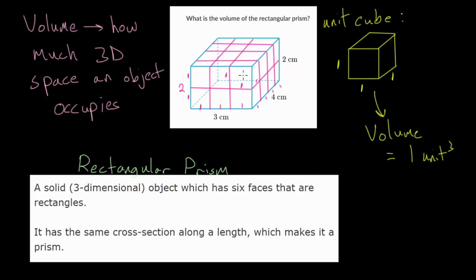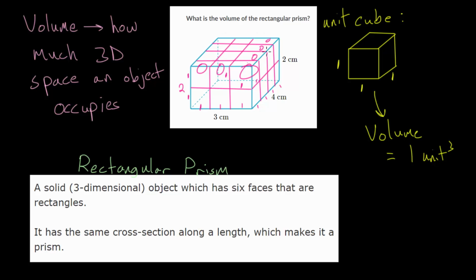So let's just start with this top piece, and then we'll essentially double it to get the bottom as well. So we have 1 there, 1 there, 1 there, so that's 3. And then we have 4 rows of these 3 unit cubes. So we get 3, then 6, 9, and then 12.